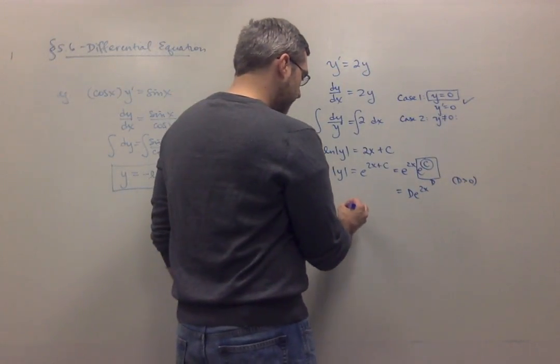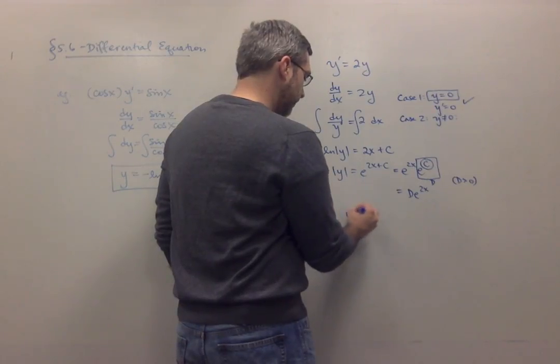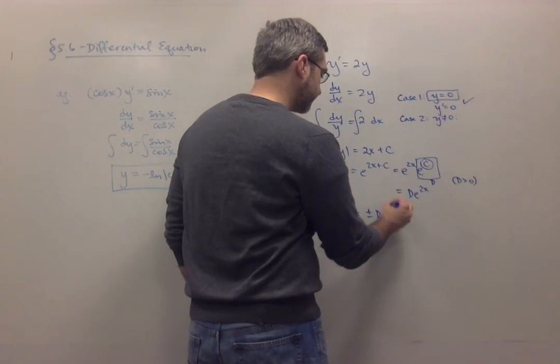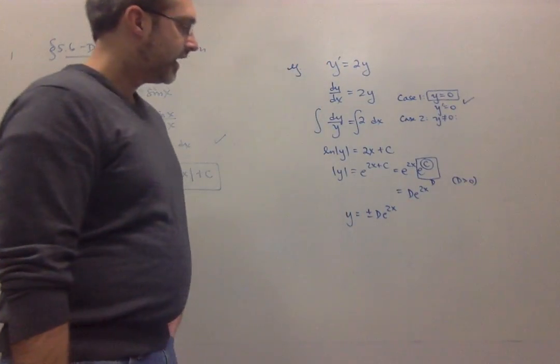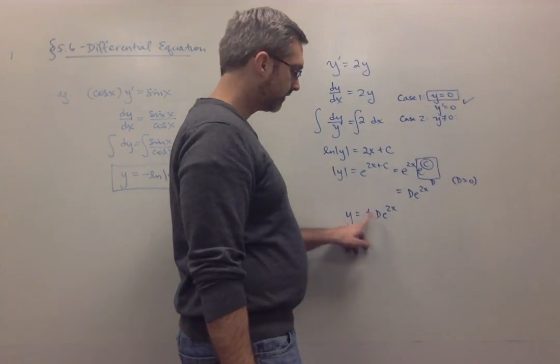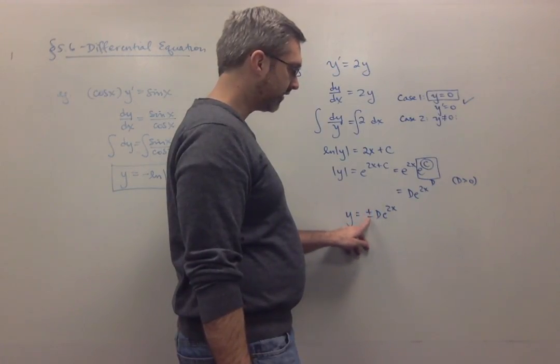Now, let's drop the absolute value, and if I drop the absolute value, I get a plus or minus here. So now d, which was a positive number only, can now be positive or negative.